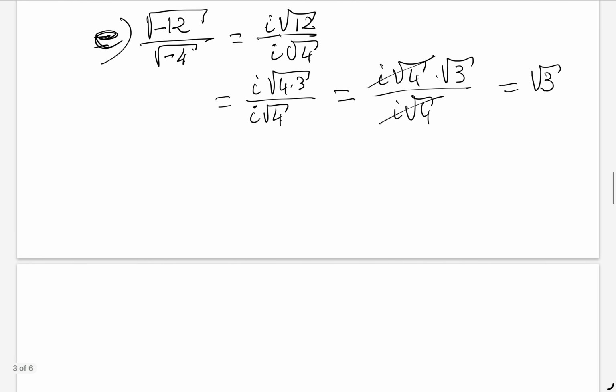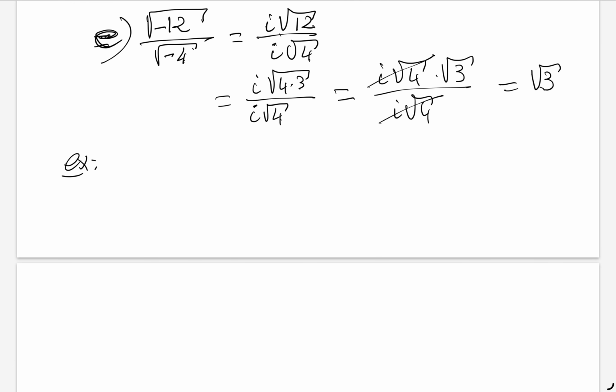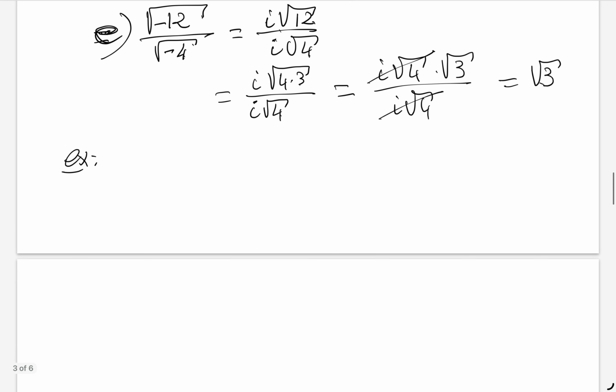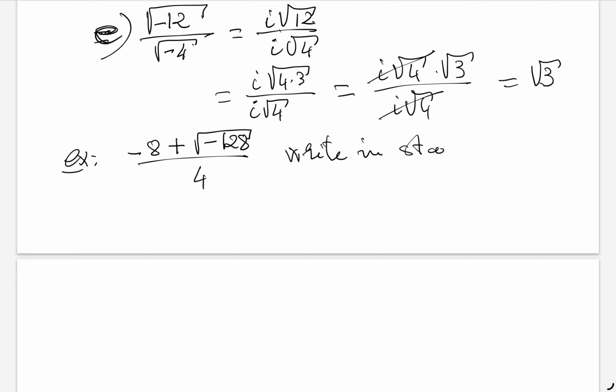And another example. Those examples will help you when you do your homework directly. So another example, you can write down negative 8 plus the square root of negative 128, divided by 4, and then write it in standard form. And remember, the standard form is a plus bi. That's the standard form. Okay.